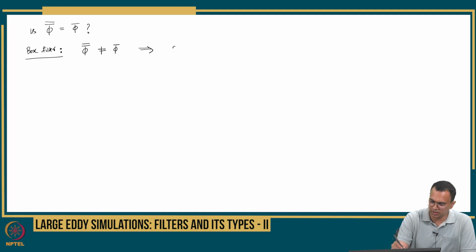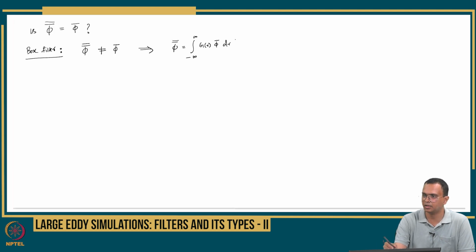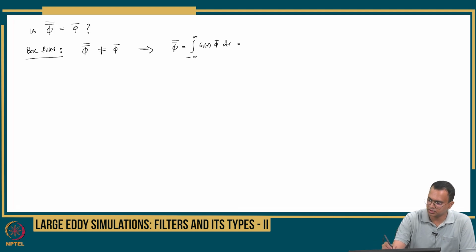So I can say phi double bar now is nothing but the integral from minus infinity to infinity of g of r phi bar dr, filtering an already filtered variable. So this is equal to the integral from minus infinity to infinity, what is g of r? 1 by delta, 1 by delta phi bar dr. What is phi bar?